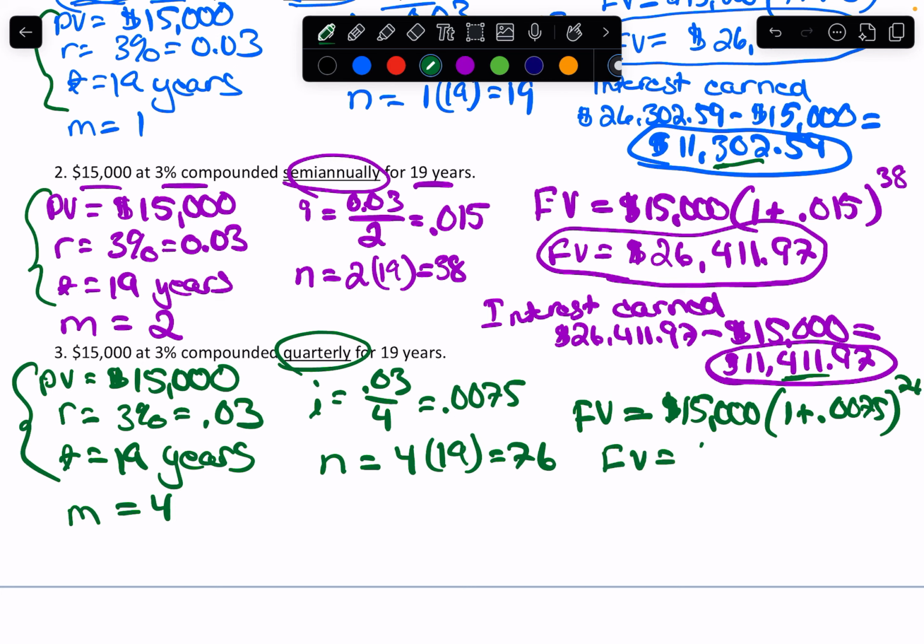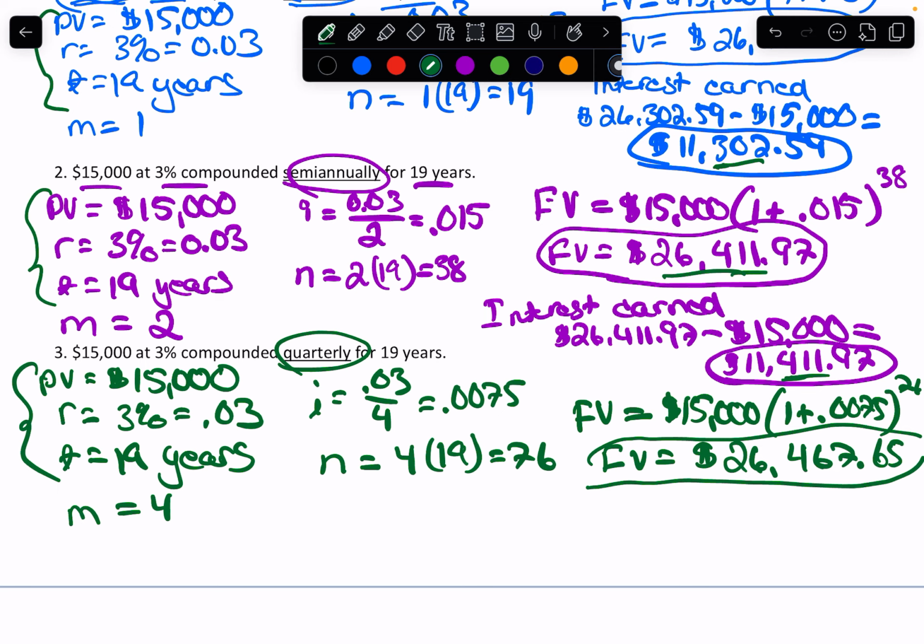Okay, so the future value is $26,467.65. So again, more than what we've got here.